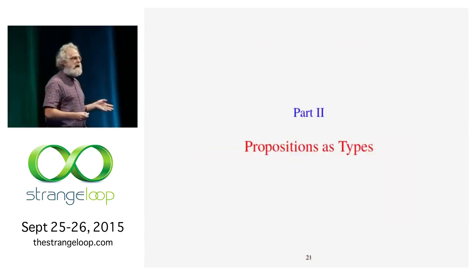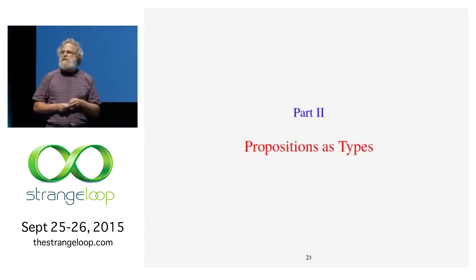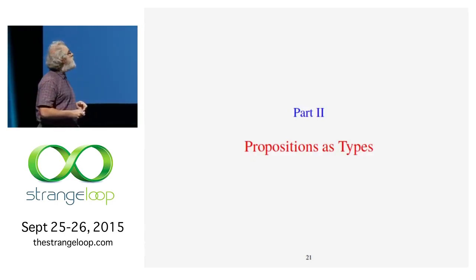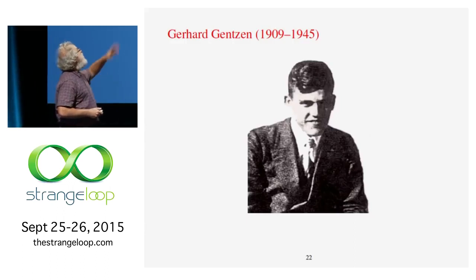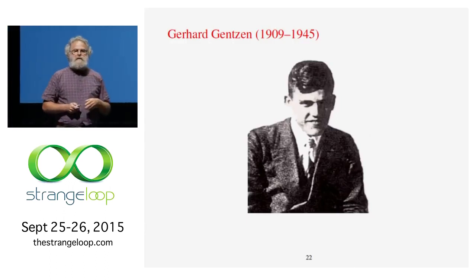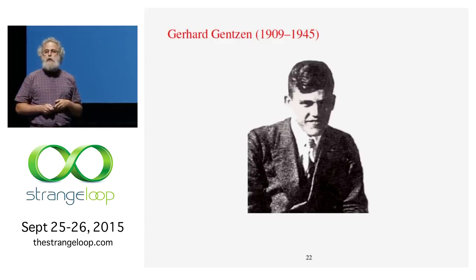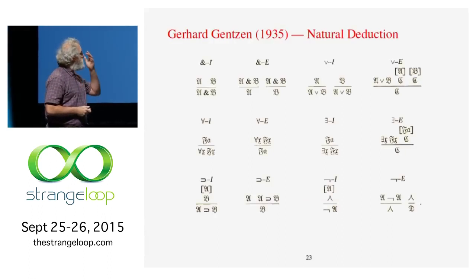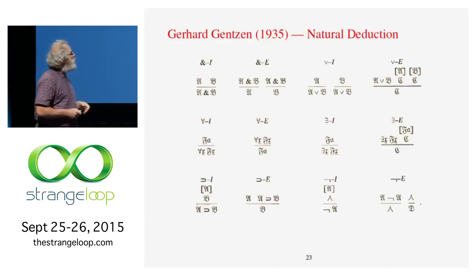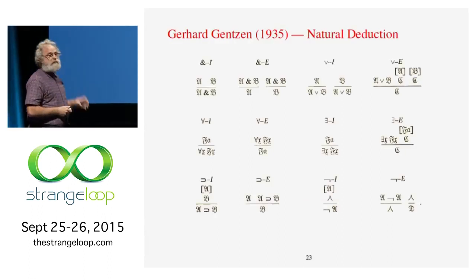Okay, so now you've got the background, and we can start talking about the brilliant idea of propositions as types. So here is Gerhard Gentzen. He was trying to carry out what was called Hilbert's program, and he came up with a new way of writing down logic. Here it is. This is called natural deduction.